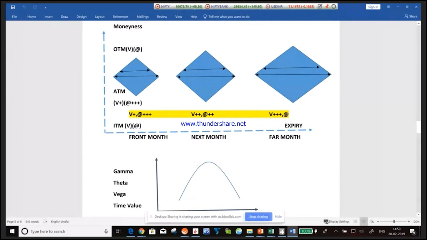Remember, more the time to expiry, lesser the impact of theta. Lesser the time to expiry, more the impact of theta. Since this is front month and lesser the time to expiry, the theta is going to be higher, and for far month, theta is going to be lower. So the impact of theta starts reducing as you go far month and starts increasing as you come nearer. Whereas Vega is exactly the opposite.